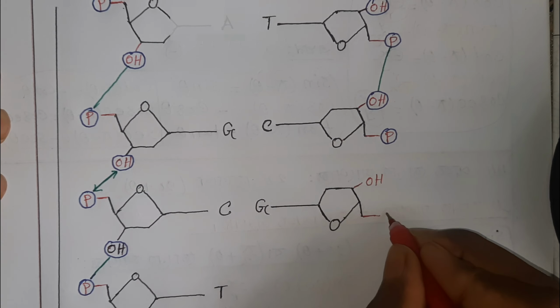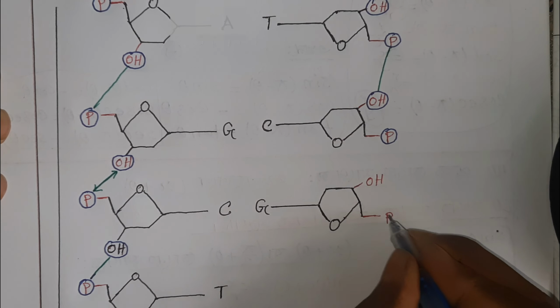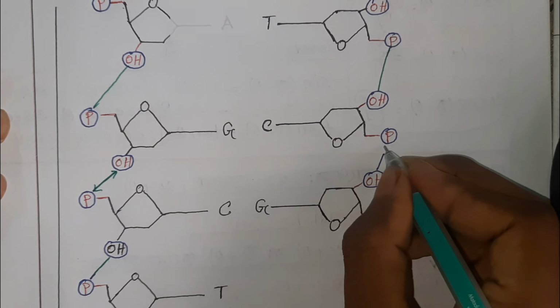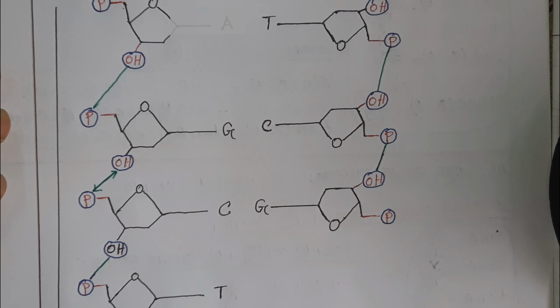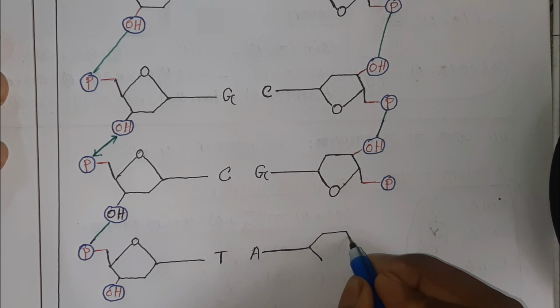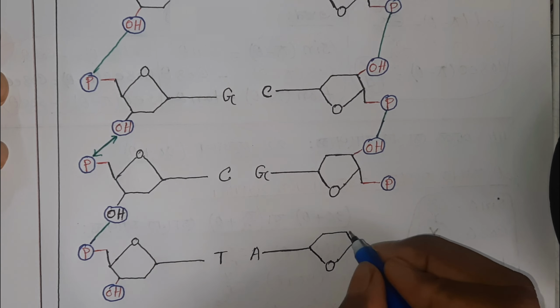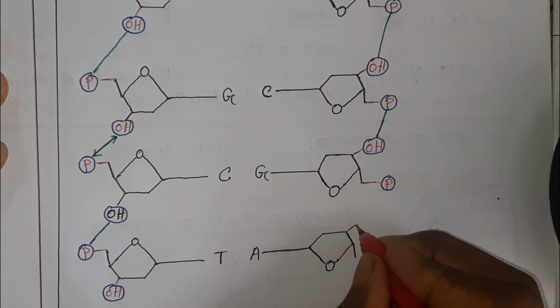So in the second strand, this is the second nucleotide, and it is connected with the third nucleotide of the second strand, and the second and third nucleotides are connected with the fourth nucleotide of the second strand, and this is the first nucleotide of the second strand.